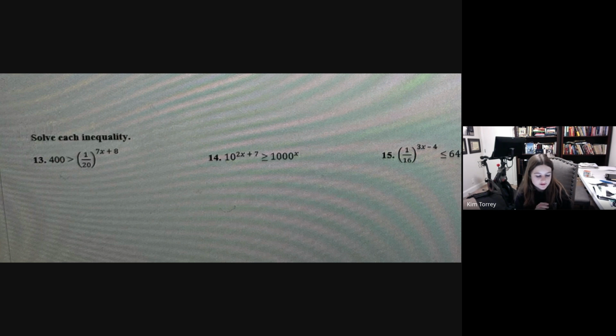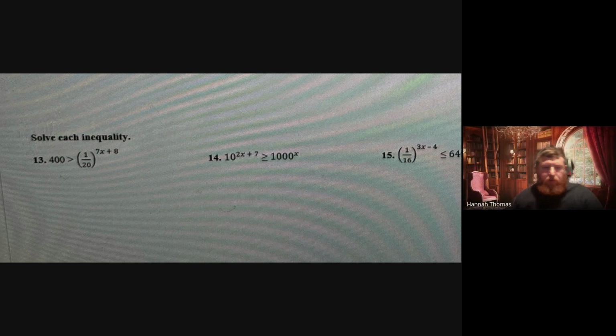Oh, I don't know if this is a rule, but you basically have to do what you did on the last thing. Yes, except since we're dealing with inequalities, just be careful. If you multiply or divide both sides by a negative, you need to change the inequality symbol from greater than to less than, or vice versa. Okay, yeah, I remember that.